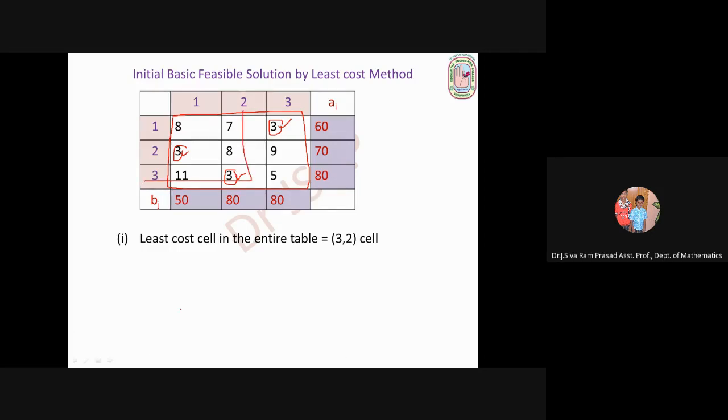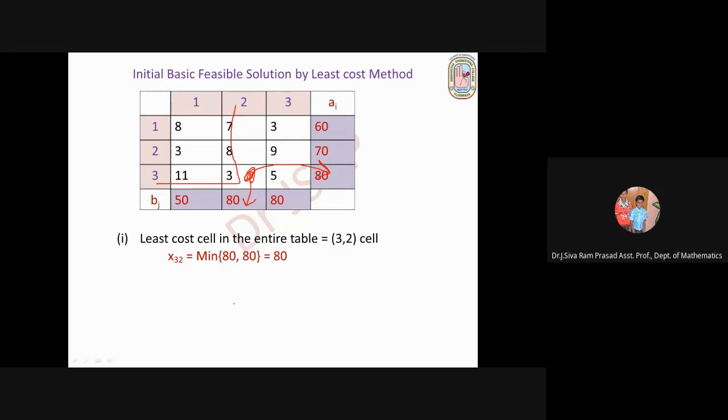Okay. Right. First step, the least cost cell in the entire table equals 3 2 cell. For this decision variable, number of units, x32 equals minimum of, for this cell, corresponding available amount 80 and corresponding required amount 80.